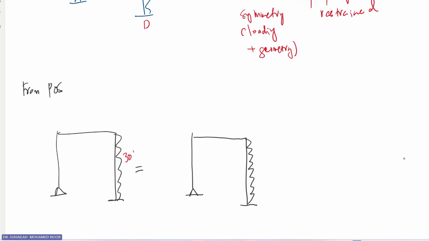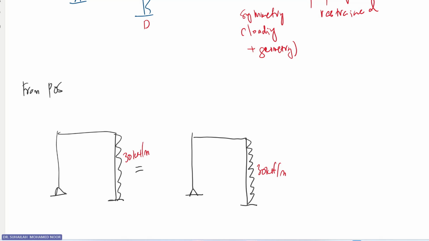This 30 kilonewton per meter is subjected along member CD, and it will push the frame to move to the left direction.